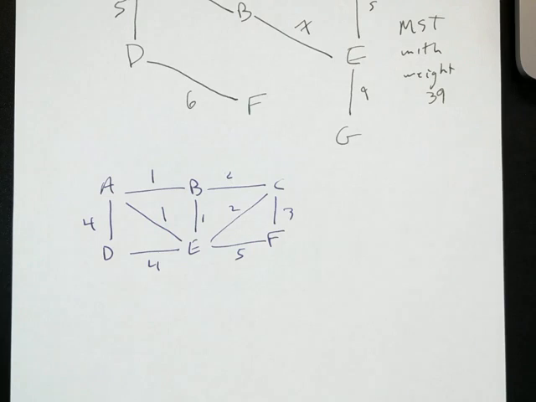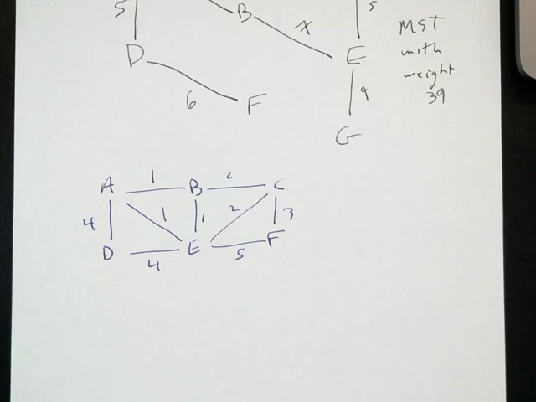Given the fact that I have 3 different edges of weight 1, 2 different edges of weight 2, 3 and 2 different edges of weight 4, and an edge of weight 5, there are lots of different possible minimum spanning trees here. And it depends on your choice of tiebreaker.